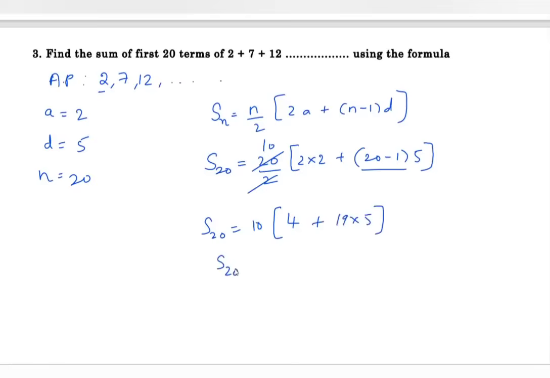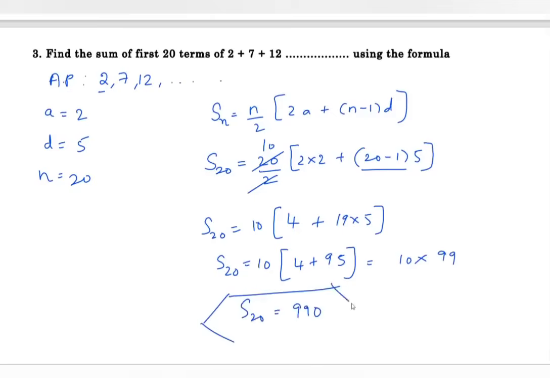Now S20 equals 10 times 4 plus 19 into 5. 19 into 5 is 95. Now we get 10 into 4 plus 95 is 99. 10 into 99 is 990. Therefore, the sum of 20 terms of the given AP is 990.